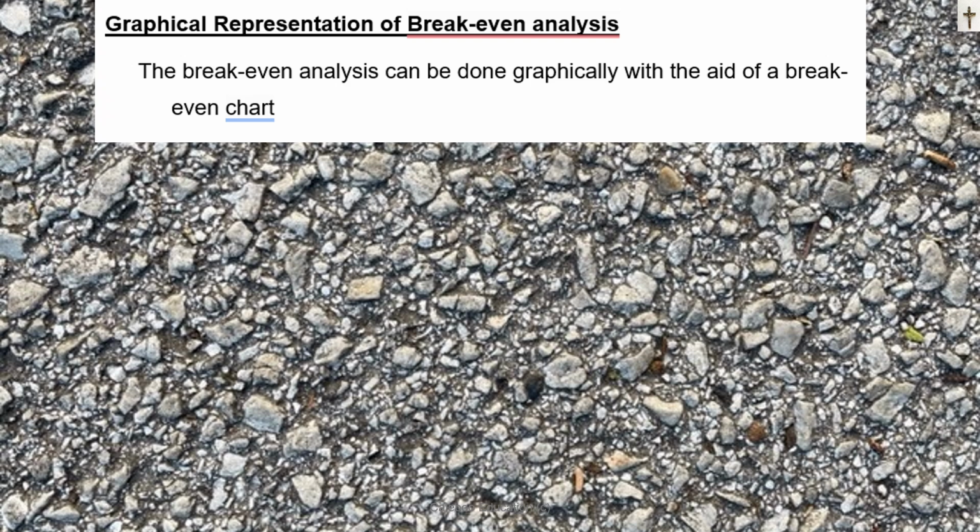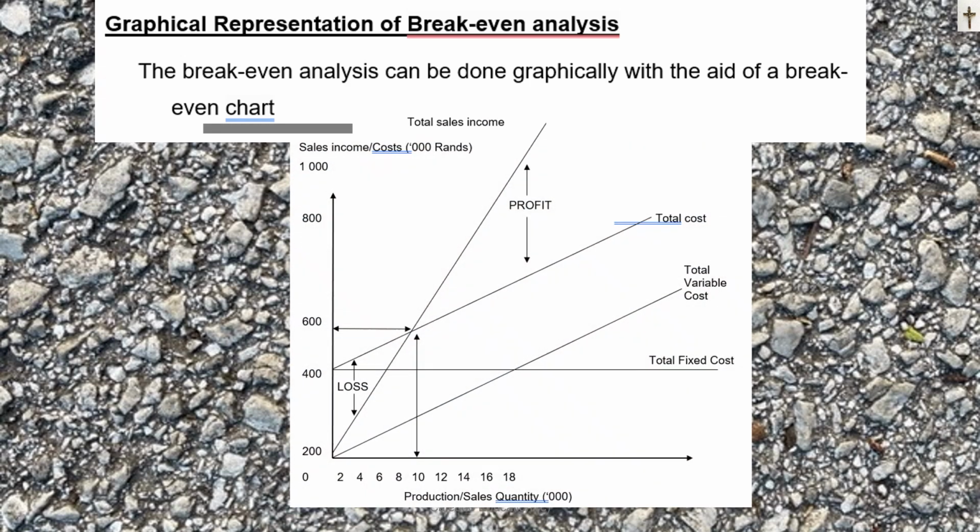If we represent this data on a graph or a chart, this is what it will look like. So we have total sales income, and on the y-axis we're looking at the total amount of income earned: 200,000, 400,000, 600,000, 800,000.